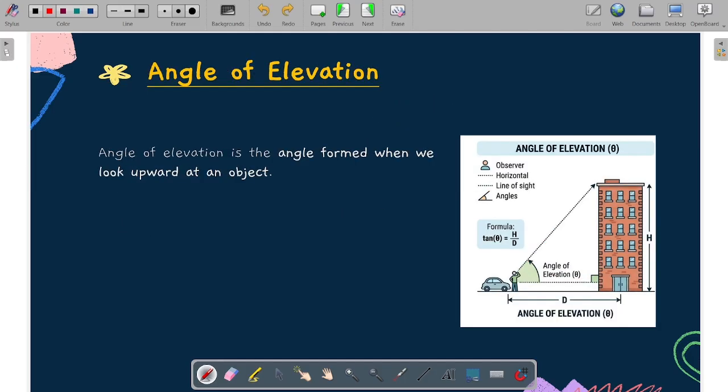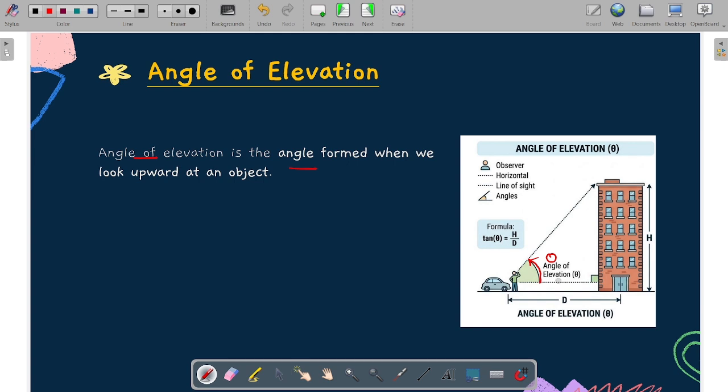Next topic we will discuss the angle of elevation. Angle of elevation is the angle formed when we look upward at an object. In this image, this man looks upward to the building. So an angle theta is formed with the base.